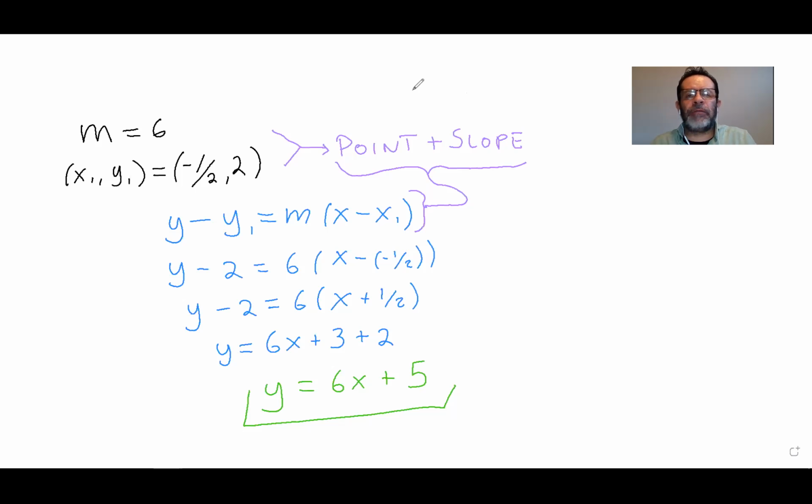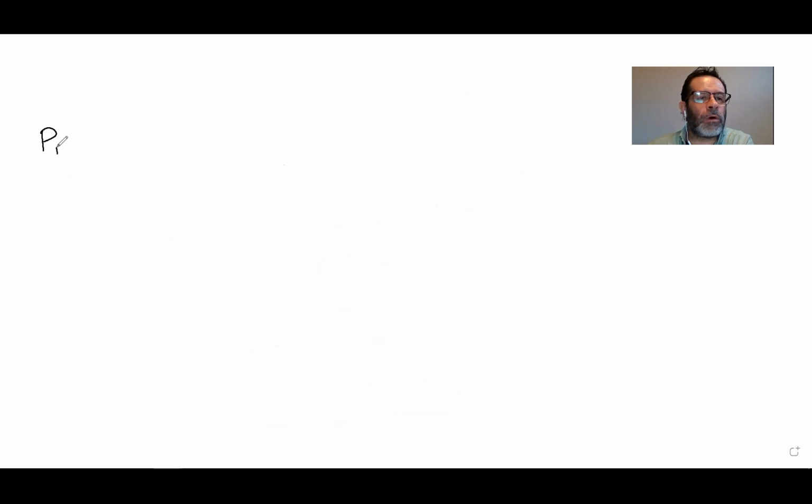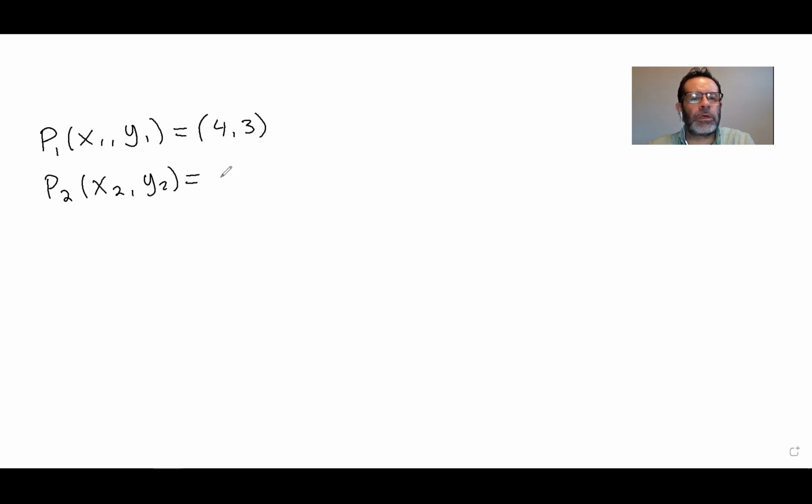In the case of the next one, we're given 2 coordinates or 2 points. Point 1, which is x1, y1, is equal to 4, 3. And then we've got another point, we're going to call it point 2, which is x2, y2, and this is equal to -2, 5.